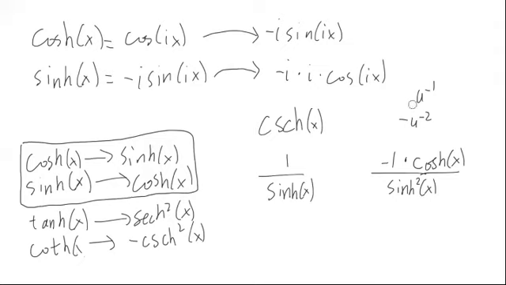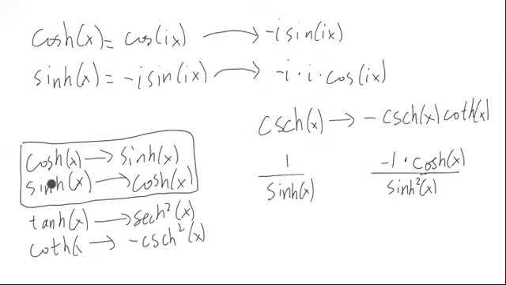You don't have to do it this way. You could use the quotient rule, but it was just right there. So anyhow, we get this, and notice you get negative cosh over sinh, which would be cotanh. And then you have 1 over sinh, which is cosecant. So it's exactly what you'd expect: negative cosecant x cotanh x. Notice how it's the same format.